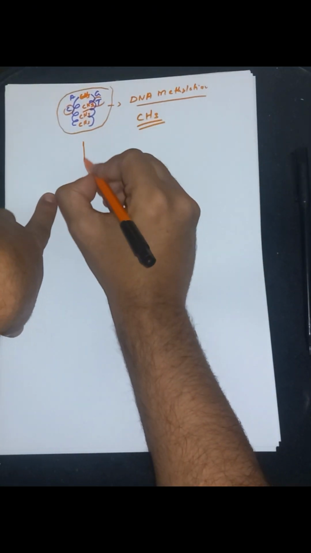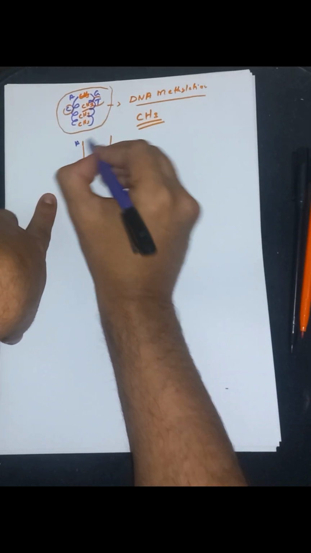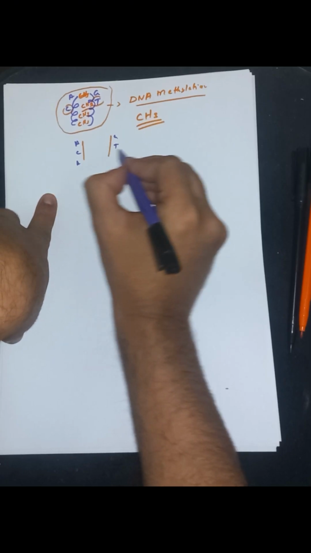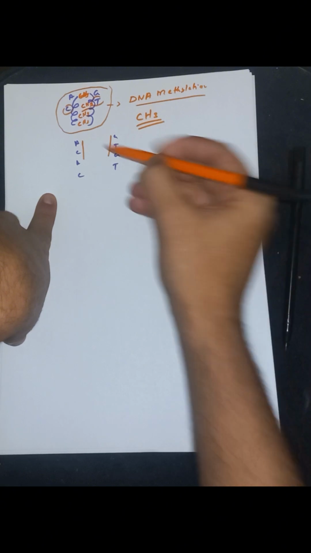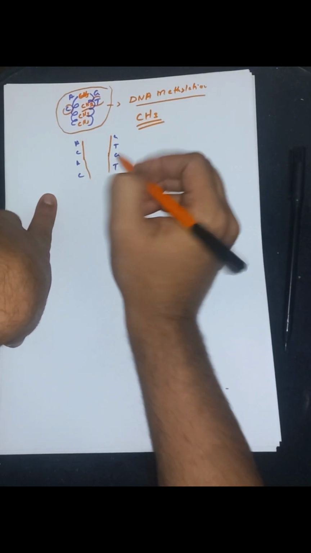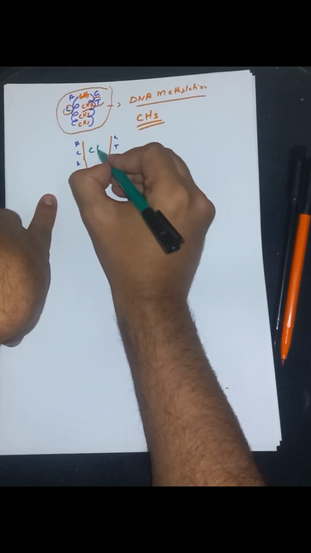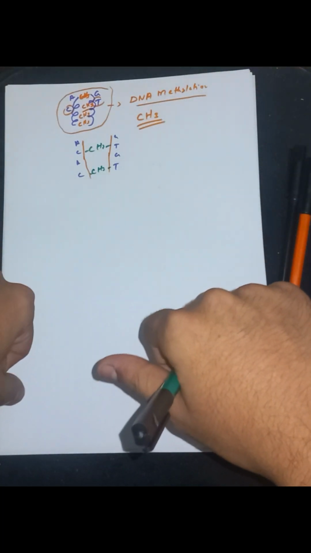So what will happen? This is a DNA. There is adenine, guanine, cytosine, thymine, another adenine, guanine, cytosine, thymine, like this. So this methyl group will come here, attach here with cytosine and thymine, and it will start making it condensed.